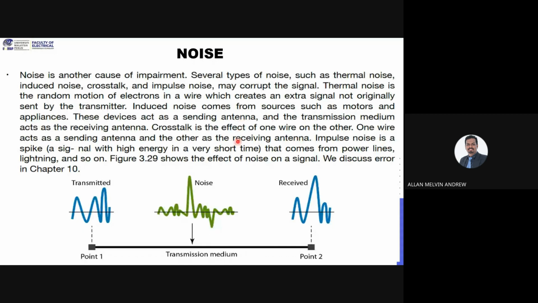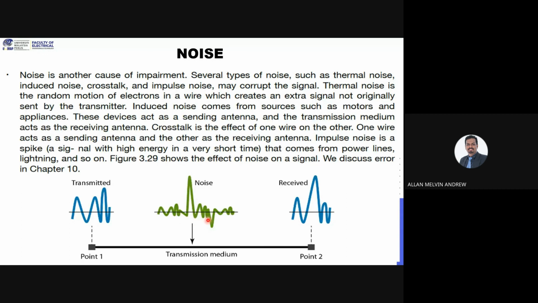Okay, so impulse noise is a spike. It will have energy in a very short time. Suddenly, because of power lines, power shortage, or power surge, or lightning, it can cause a sudden spike. So you can see here, let's say you are sending from point one, so you are transmitting this shape, and during the transmission medium, suddenly there's lightning, suddenly there's a spike.